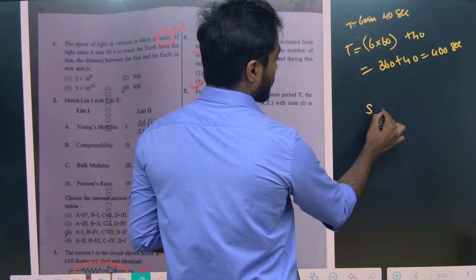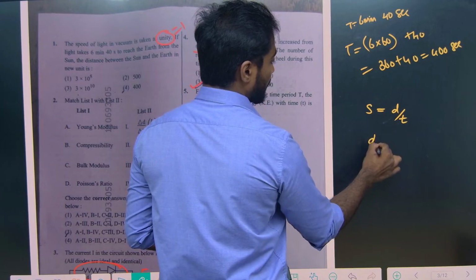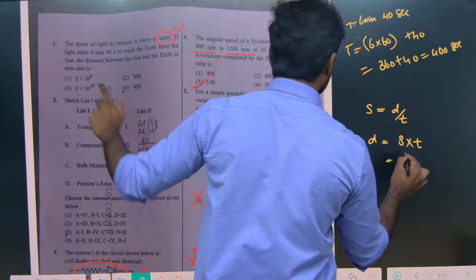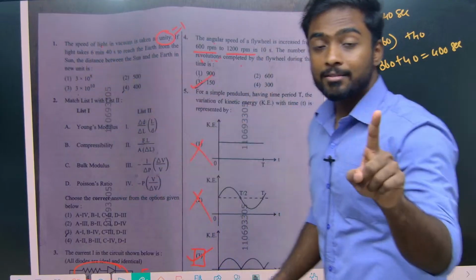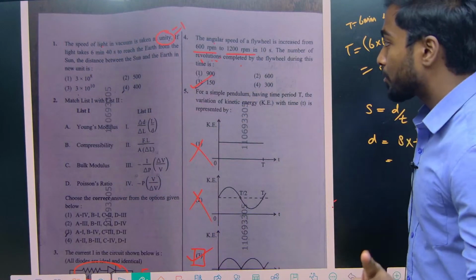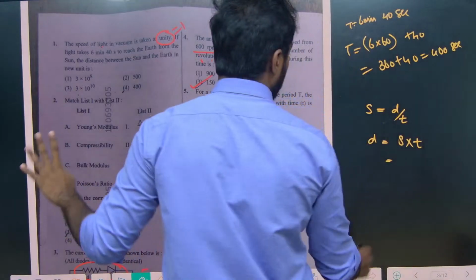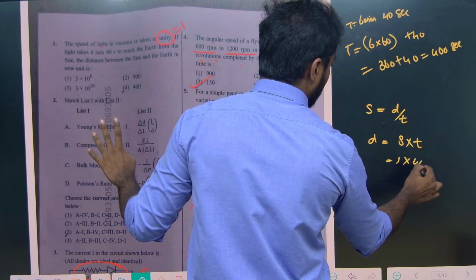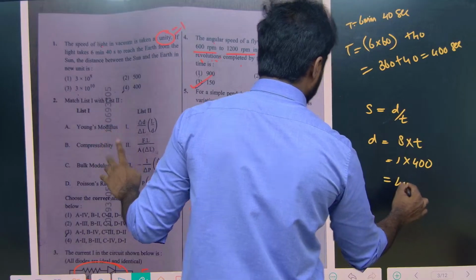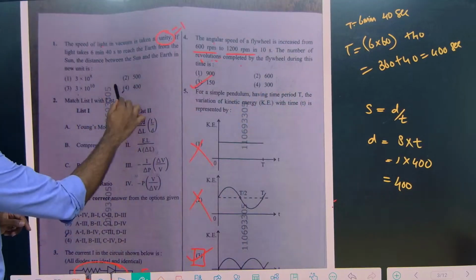Speed equals distance by time, where distance equals speed into time. Speed, they have taken as unity, that one you should be clear about. So 1 into 400, the answer is 400. That's the first option.